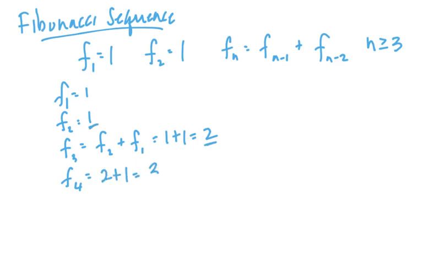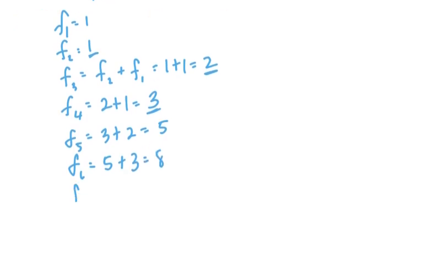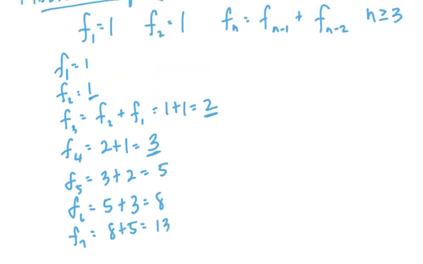So 2 plus 1 is 3. F sub 5 says the two previous terms, 3 plus 2, and that makes 5. F sub 6, I add the two previous terms, 5 plus 3, which makes 8. F sub 7, I add the two previous terms, 8 plus 5 is 13, and so forth.